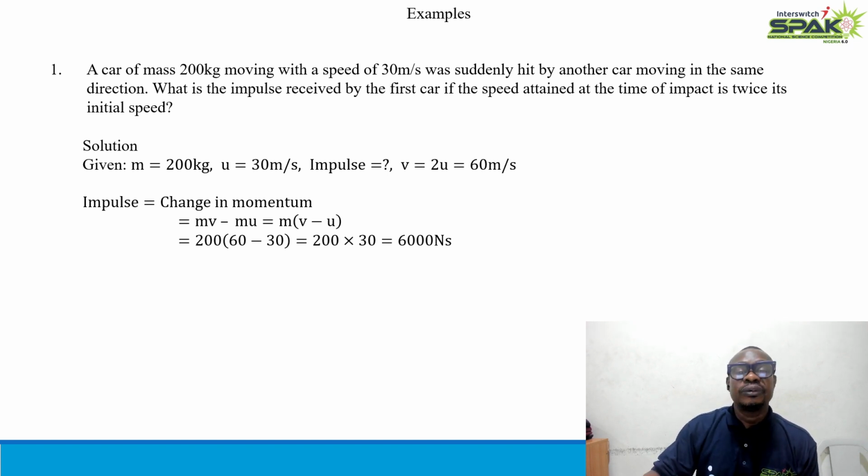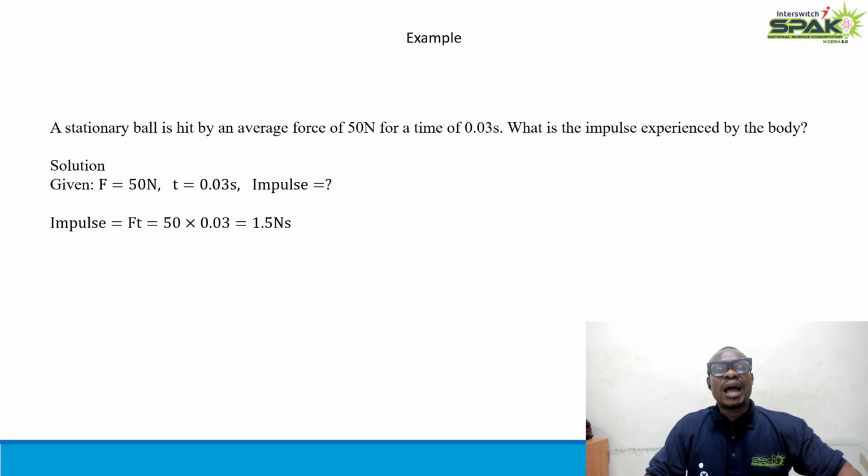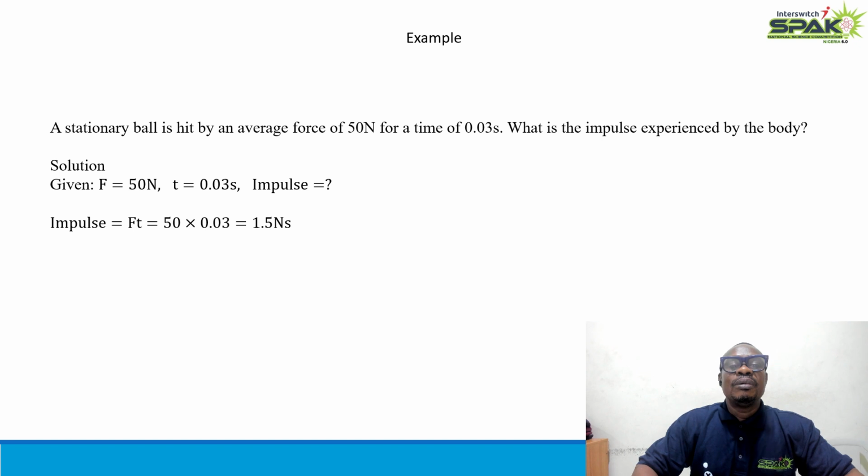Next question says a car of mass 200 kilogram moving with a speed of 30 meters per second was suddenly hit by another car, moving in the same direction. What is the impulse received by the first car if the speed attained at the time of impact is twice the initial speed? Let's take note of this.